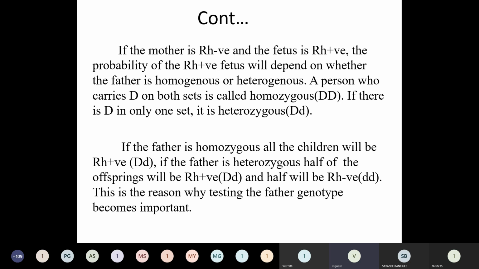So if the father is homozygous, all the children will be Rh positive. Is that clear? If the father is heterozygous, half of the offspring will be Rh positive and the other half will be Rh negative. So this is very, very important, which is why we should know the genotype of the father in a case of an Rh negative woman, so that we can predict which are the cases that are going to be affected.